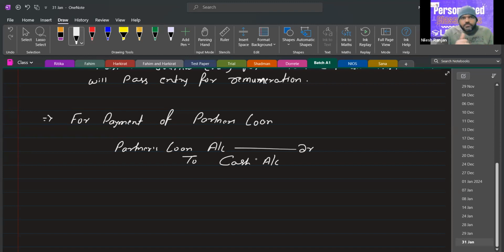There is a rule related to nominal accounts. Why do you seem confused? That's why I explained. Loss is written on the debit side and profit is written on the credit side. All expenses and losses, all income and gains.